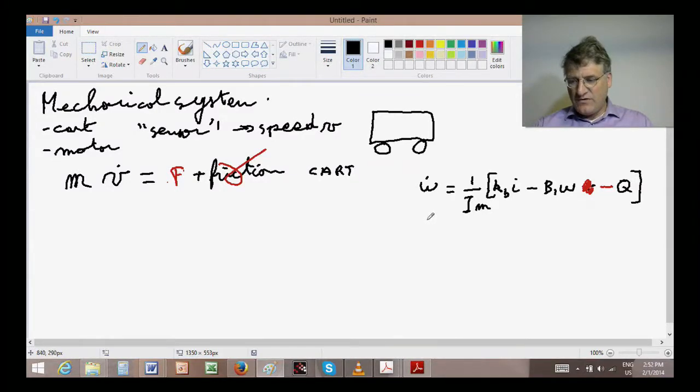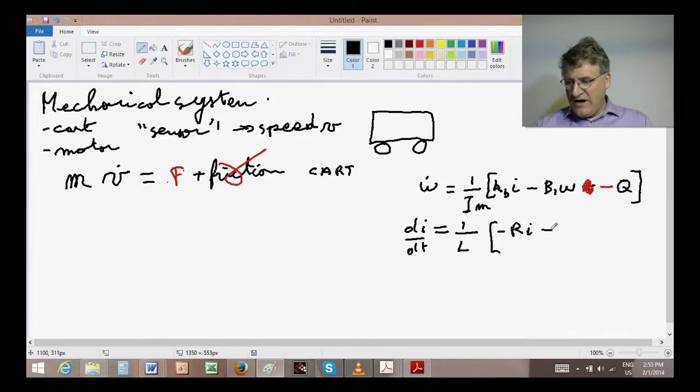Internally, we also have that I dot, let me rewrite it as d/dt of I, is equal to 1 over L times minus R times I minus Kb omega plus the input voltage.